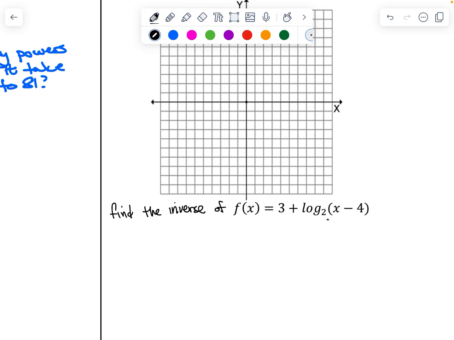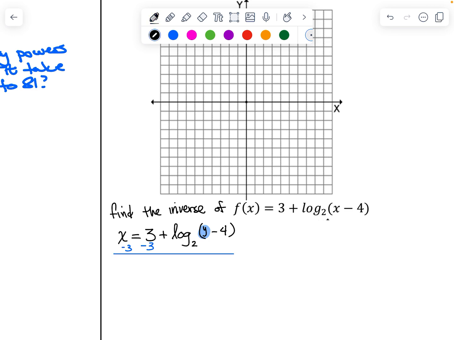We are going to say that x is equal to 3 plus log base 2 of parentheses x minus 4. And it's not x because to do inverses we switch x's and y's. So it is y minus 4. And remember, our goal is to isolate y. So our goal is to get this by itself. So the first thing we do towards that goal is move the 3.